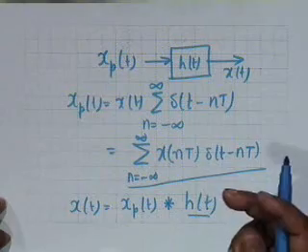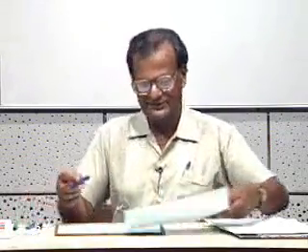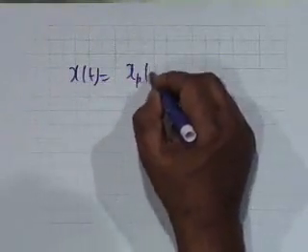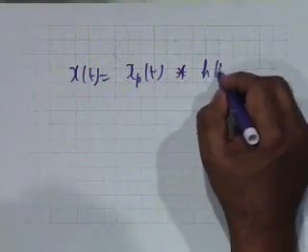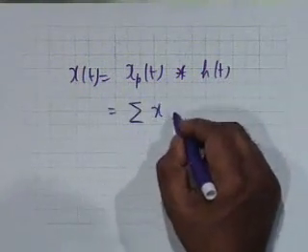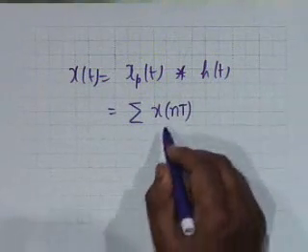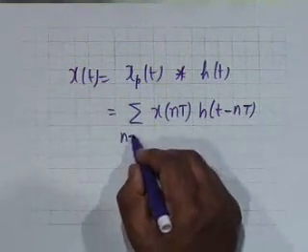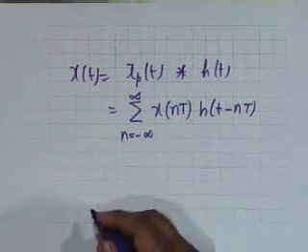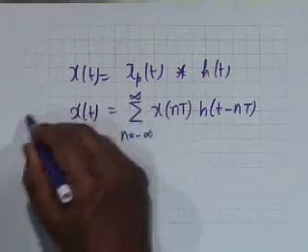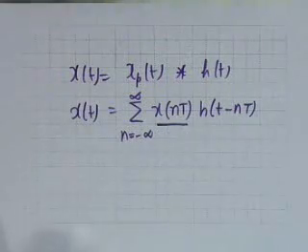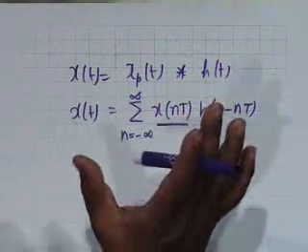So delta of t minus nT shall be replaced by h of t minus nT, and therefore all that we will get is that x of t shall be the summation of x of nT, which are the samples, times h of t minus nT, n goes from minus infinity to plus infinity. So in this exact reconstruction, you need the samples x of nT, which is the sequence that is given.